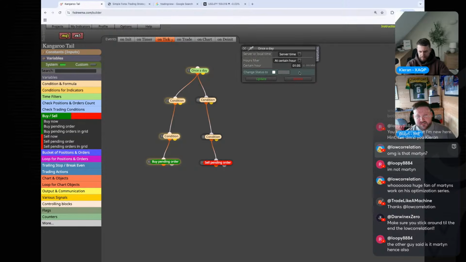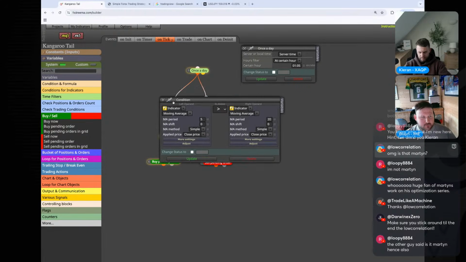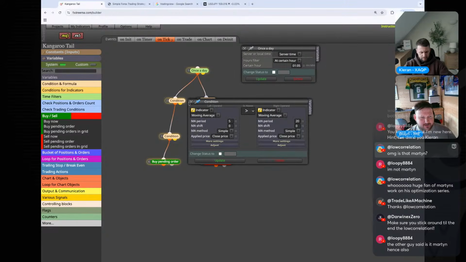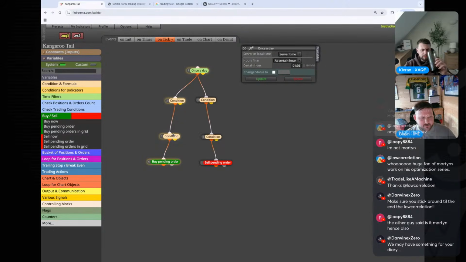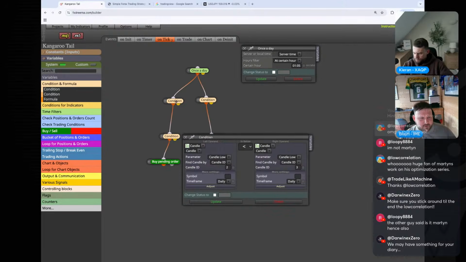So once a day at 0105 for the buy side. Oh, why is that? It didn't even update on the buy side. That is weird. Maybe it's just playing up today, mine. Who knows? I swear it wasn't like that. So again, let me just double check.